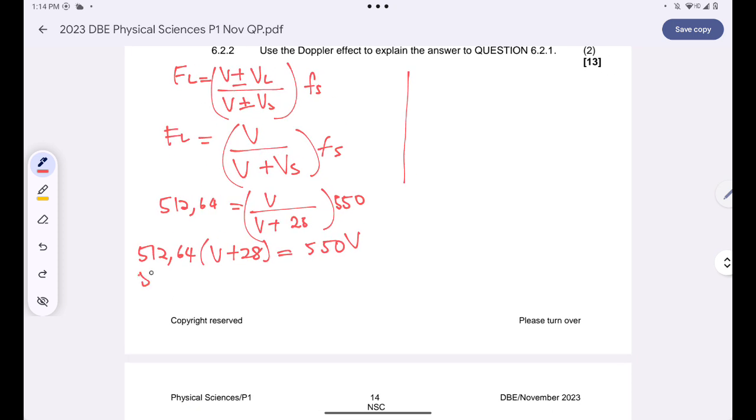And then I'll have 512.64 V plus 512.64 multiplied by 25. Why did I write 28 there? The speed is 25, not 28. I can't even see my bad handwriting.